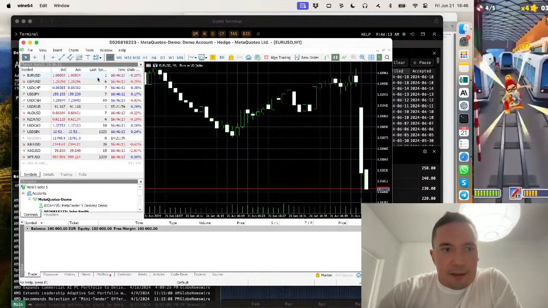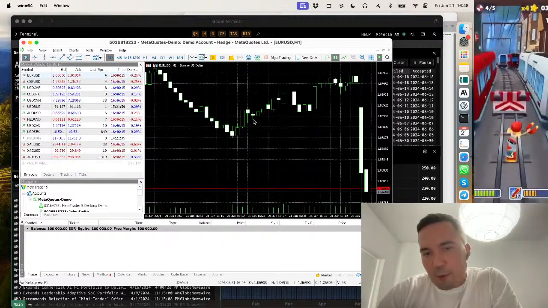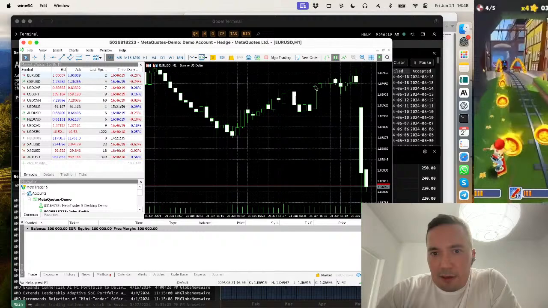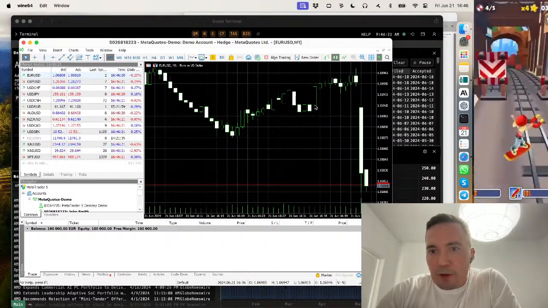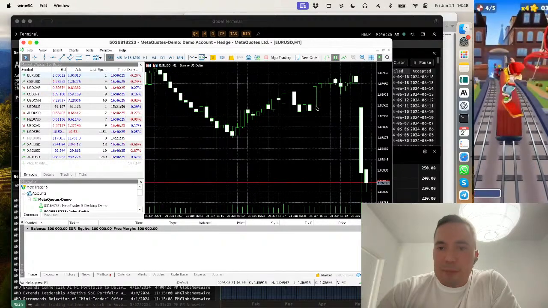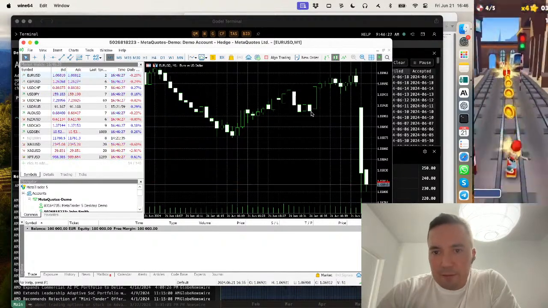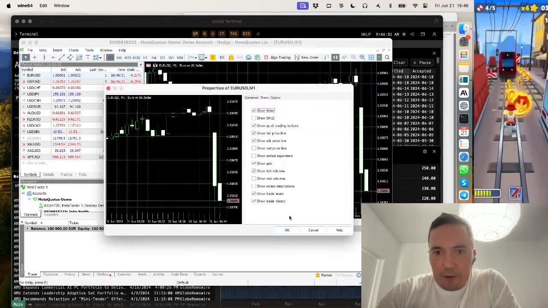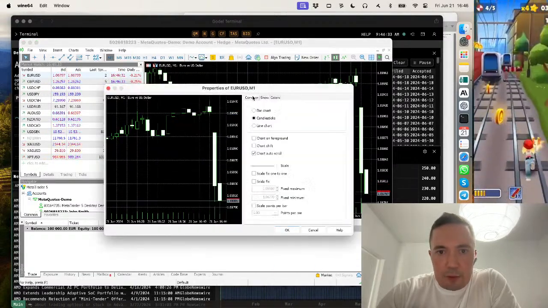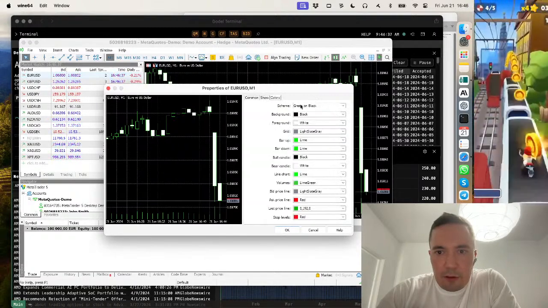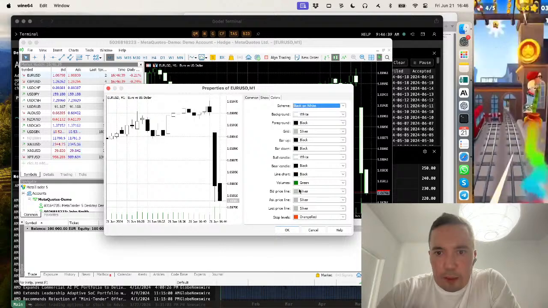Actually, it does not matter whether it's black or white. In candles, what matters is whether the candle is empty or it's filled, right? So we could change the background, for example, we say we don't like the black color, we want black and white.